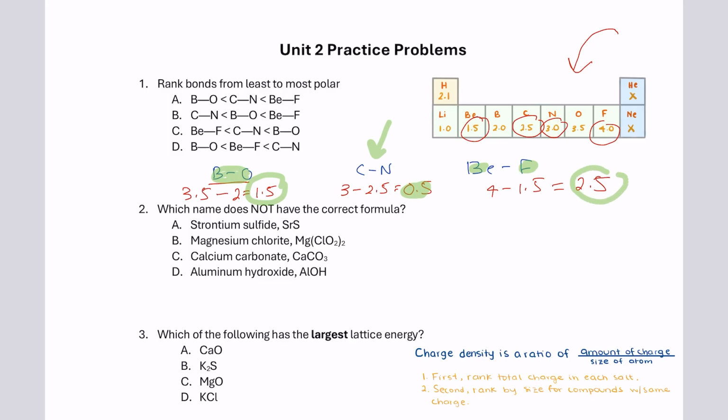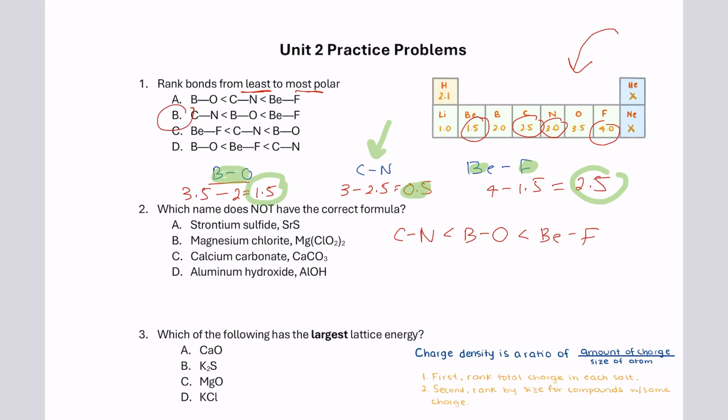That makes it the most polar. So if we were to order them from least to most polar, it would be carbon bonded to nitrogen, followed by boron bonded to oxygen, and finally beryllium bonded to fluorine. So the correct answer here is going to be B.